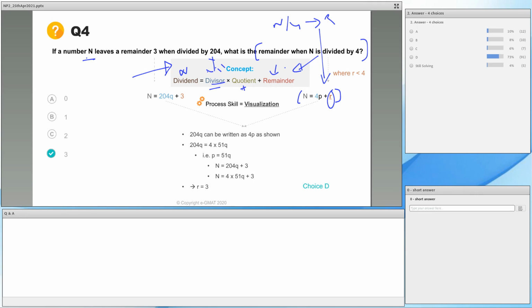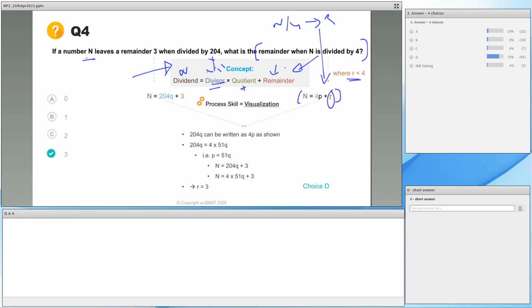Now, there is also a constraint. I told you about process skills. One of the things is you always have to remember the constraints. R always has to be less than 4, right? Similar to that example, when you said 75 is 7 into 10 plus 5, you will notice that 5 is always less than 10. All right. So there is a constraint.